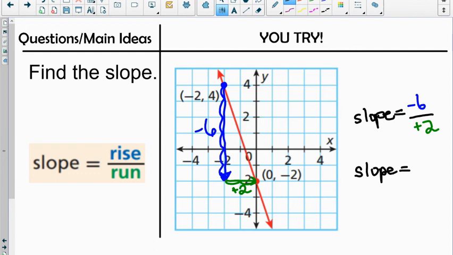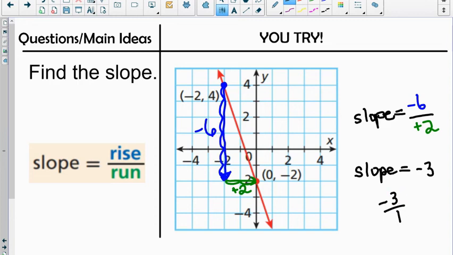Because these two numbers are divisible and it would divide out evenly, we can actually do that. We don't need to leave it in fraction form if it divides out evenly. So -6 divided by +2 is just -3. Now this does have the same meaning as -3 over 1 in terms of a slope with two numbers, so you can see the rise and the run.